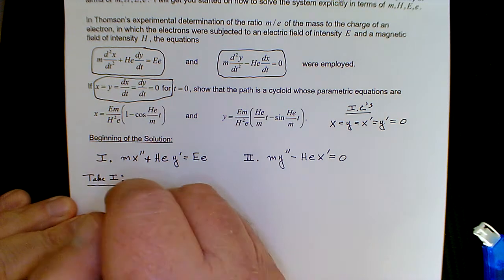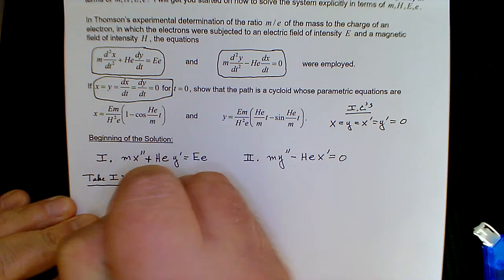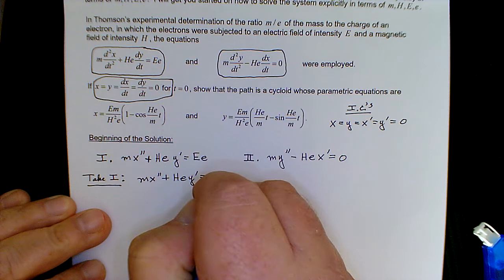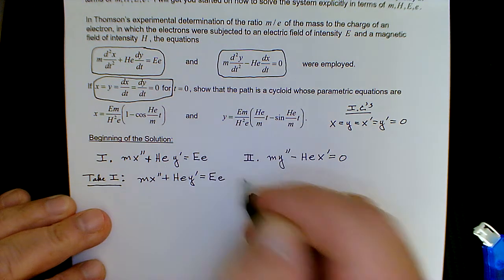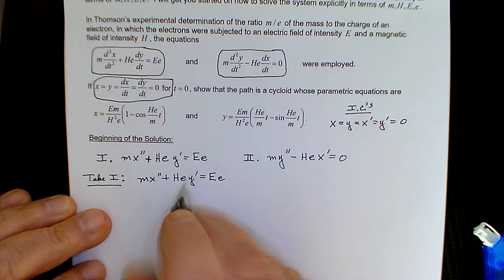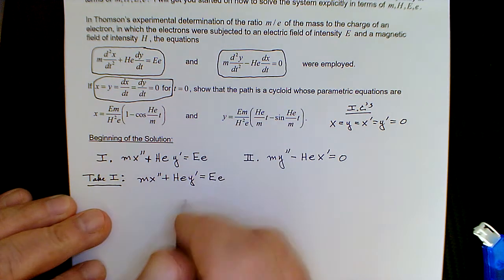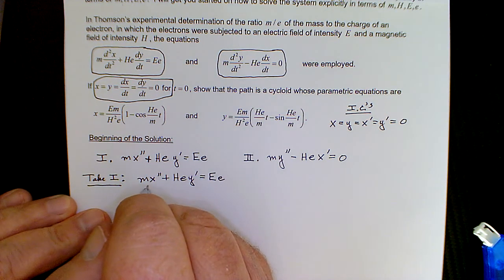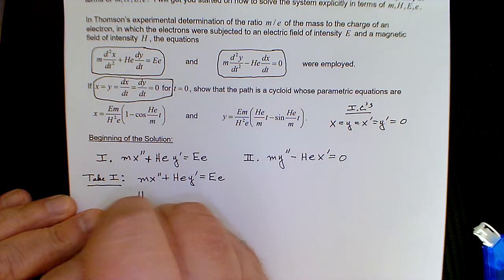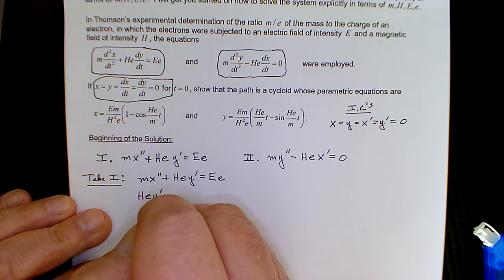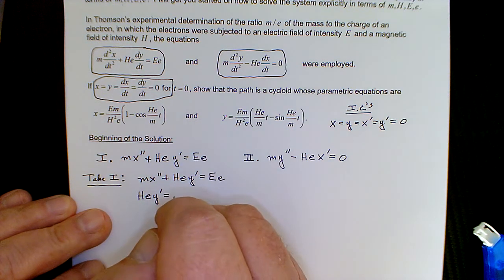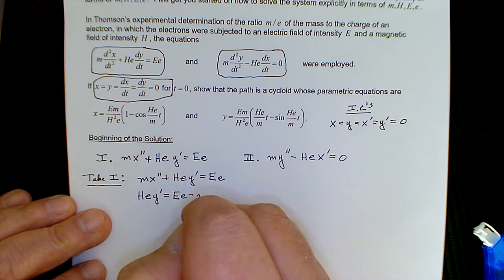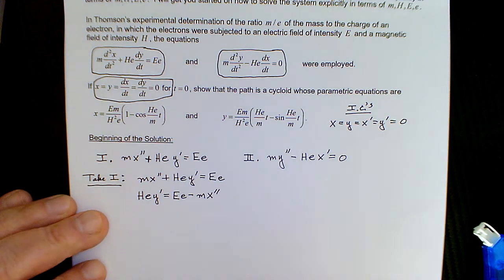So if we start with m x double prime plus h e y prime equaling uppercase E lowercase e, if I want to solve for y prime, I'm first going to move the m x double prime to the right side. So h e y prime equals uppercase E lowercase e minus m x double prime.